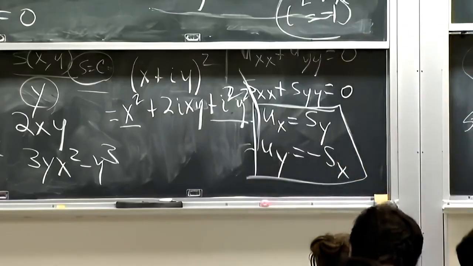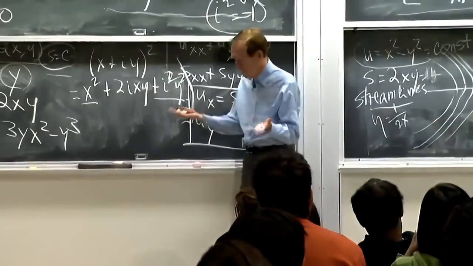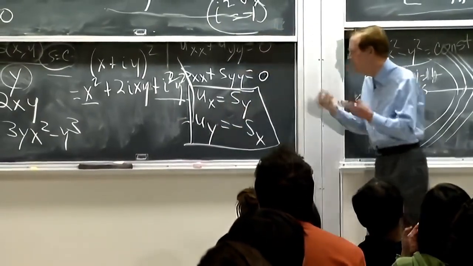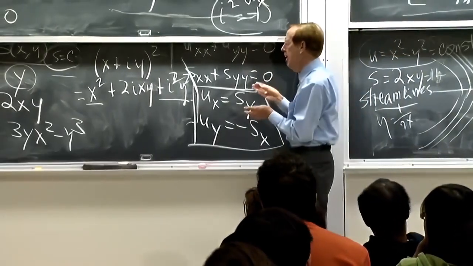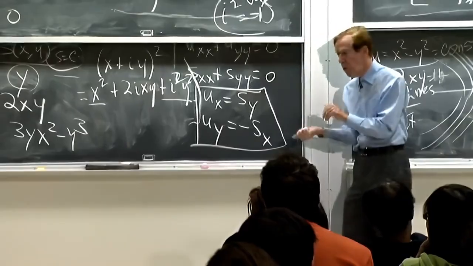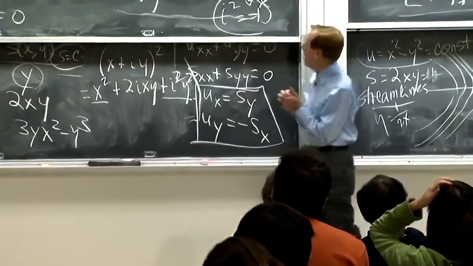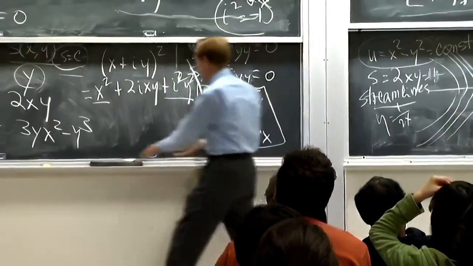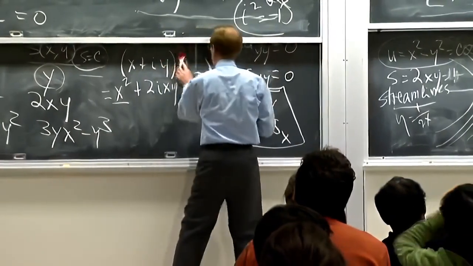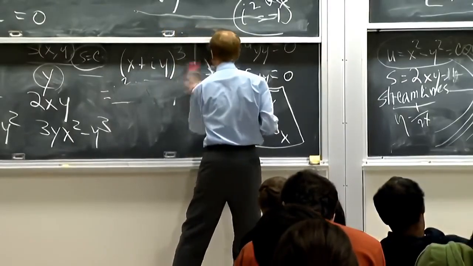So by some magic that we'll explore next time, we get solutions to a real equation. We get two solutions to a real equation by working with this complex thing x plus iy and taking things like, now if I go to x plus iy cubed, well, let me just say it'll work.